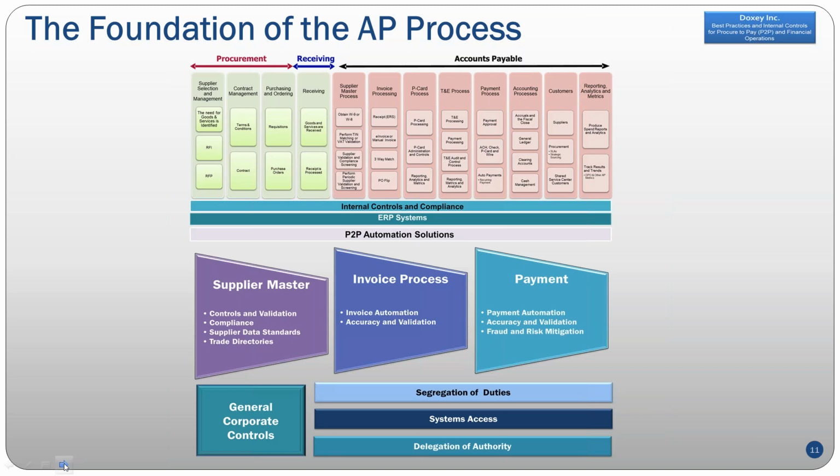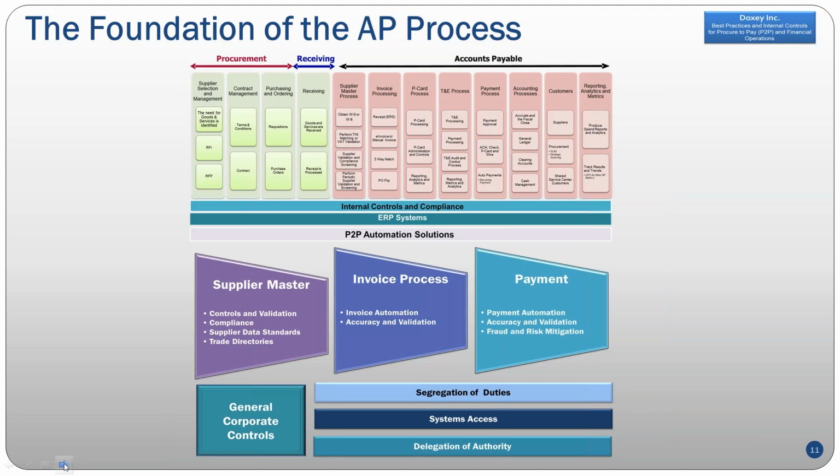Many companies are utilizing trade directories, which is where you can actually use a third-party trade directory to get validated supplier information. It's already been screened against OFAC, Office of Foreign Asset Controls, and in some cases it's even been screened with FCPA compliance as well.